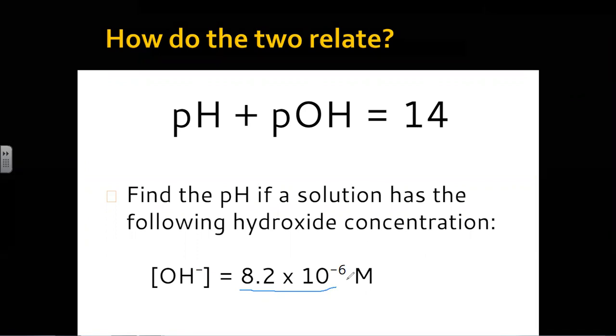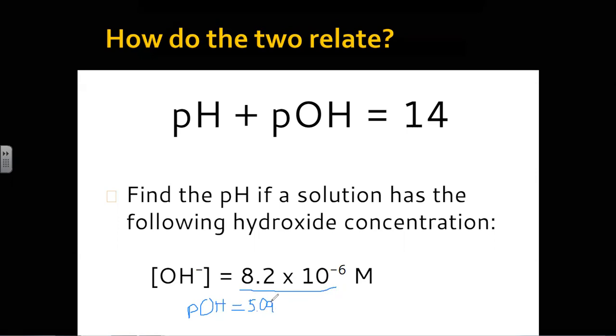So I'm going to plug in 0.0000082, and then close my parenthesis. And that gives me a pOH of 5.09. So let's write that. pOH equals 5.09. And that is rounded.